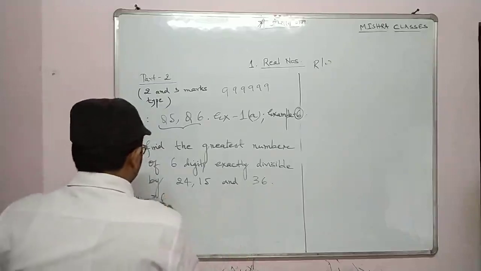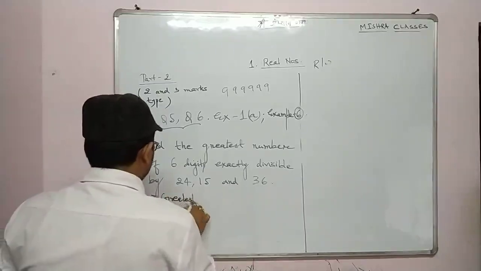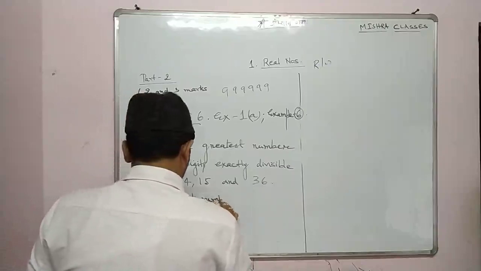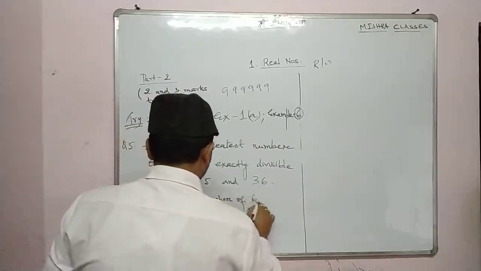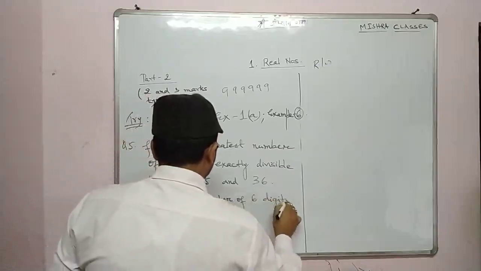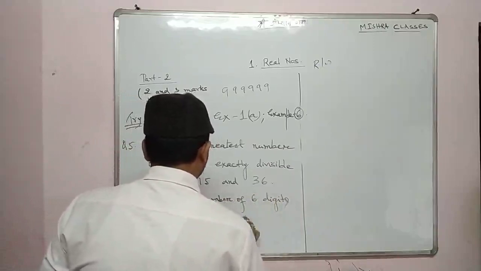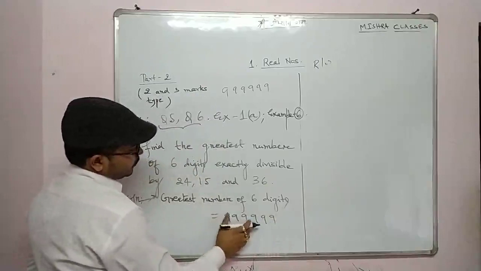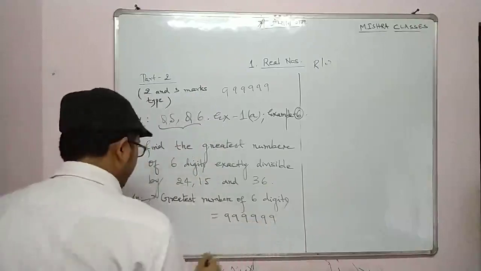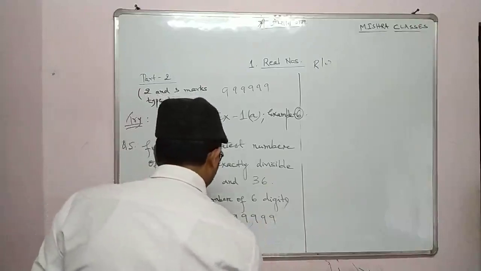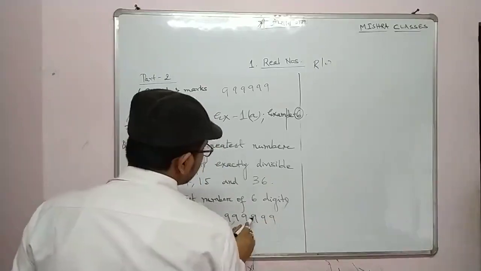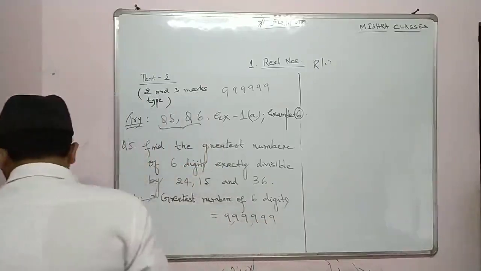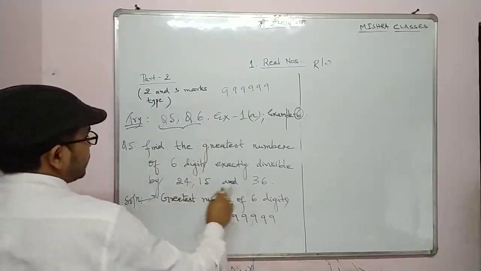We will write the greatest number of 6 digits equal to 9 written 6 times: 1, 2, 3, 4, 5, 6. You can give commas here: 9,99,999. Now, we will prime factorize these numbers.